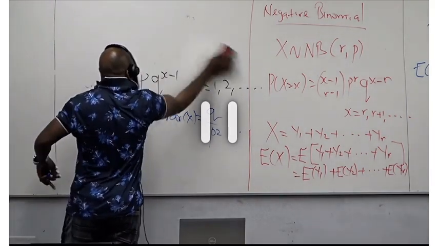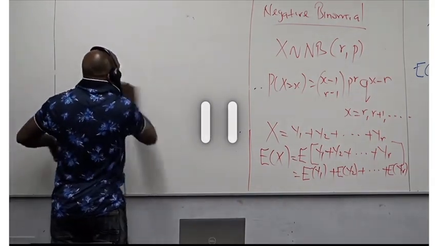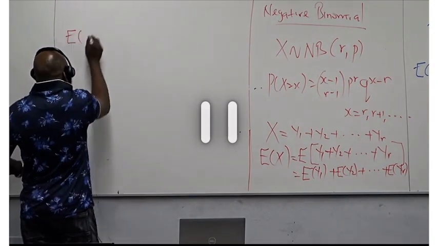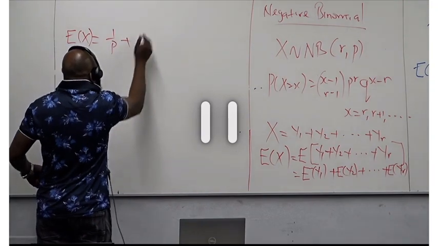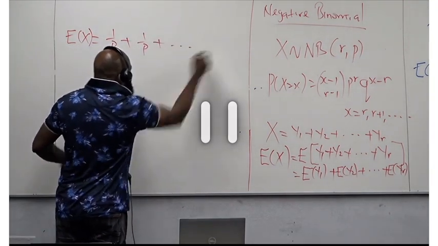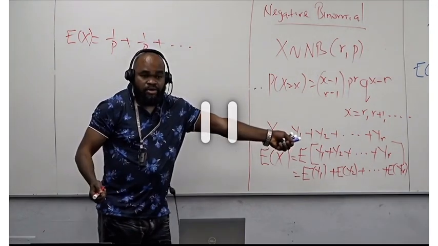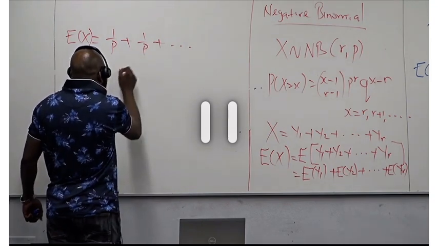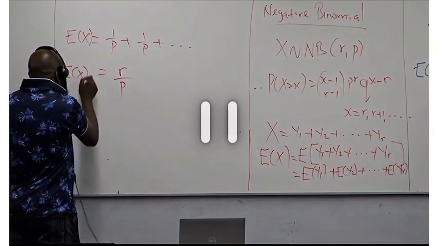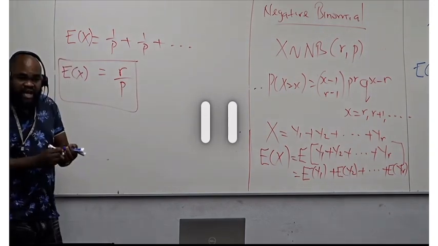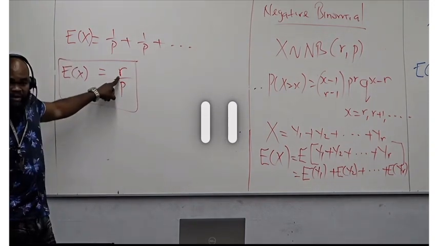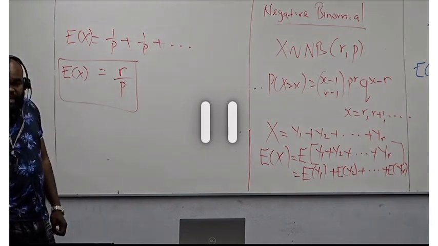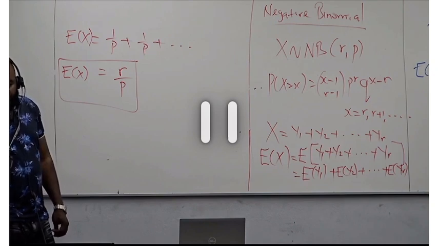So the expectation of X is 1 over p plus 1 over p, r times, which is obviously r over p. So the expectation of X is r over p. Now, when r equals 1, what does it become? When r equals 1, the mean of a negative binomial becomes the mean of a geometric distribution.